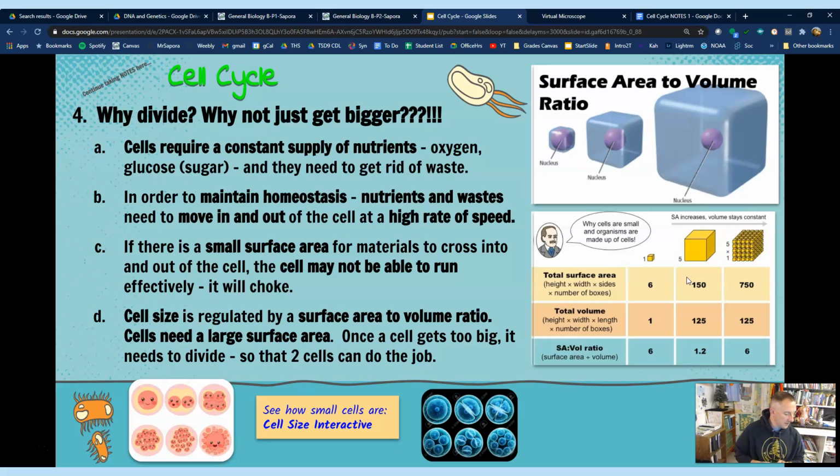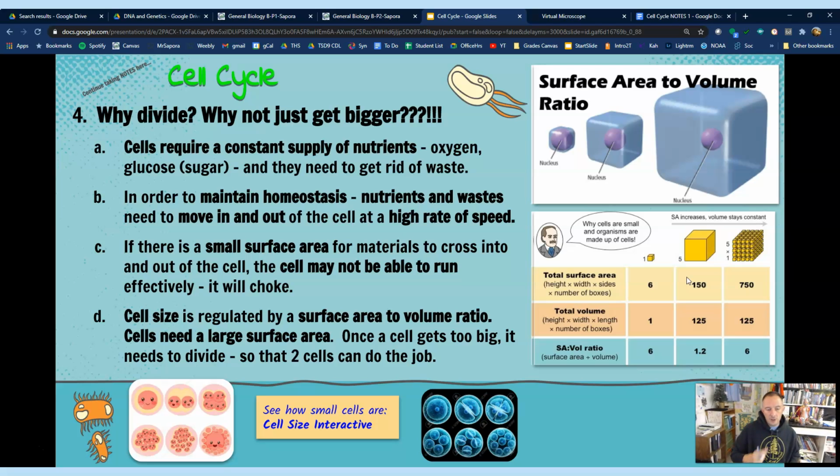And so surface area is calculated as length times width times the number of sides. It's 1 inch high by 1 inch wide, and it's got how many sides? It's a cube, so 6 sides. So that's going to be 1 times 6, and that equals 6. So that would be our surface area on this one.